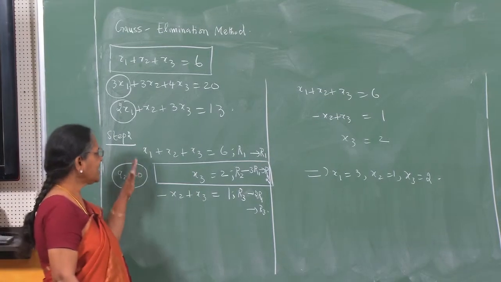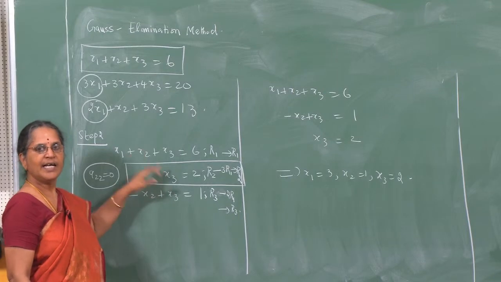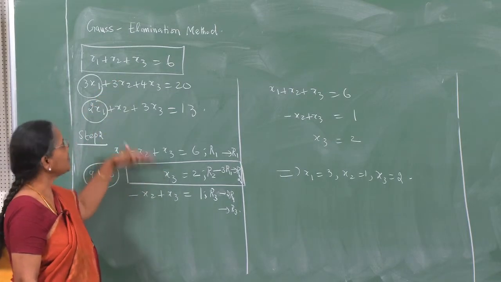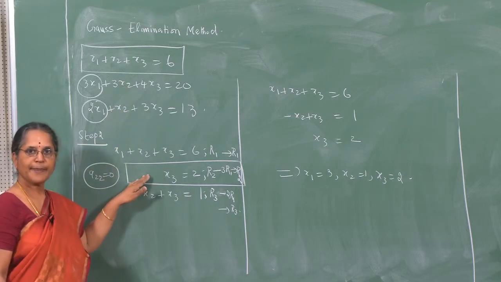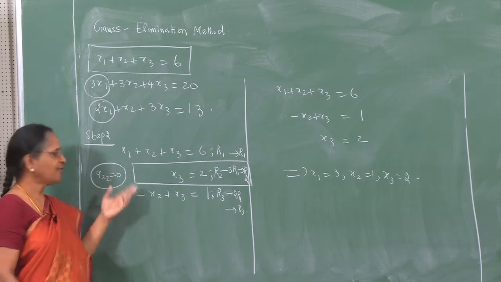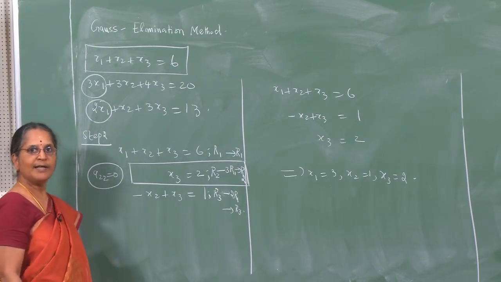So, the pivot in the second equation, which should be taken as the pivotal equation, turns out to be 0 when we apply the Gauss elimination procedure to the given system. So, what should I do in the Gauss elimination method for the next step in reducing this system to an upper triangular matrix?